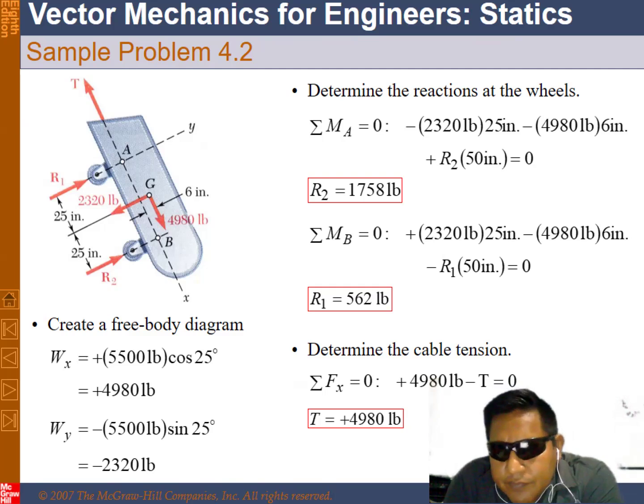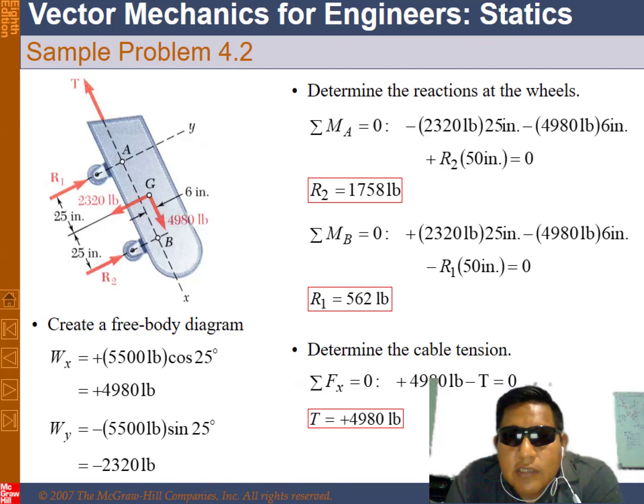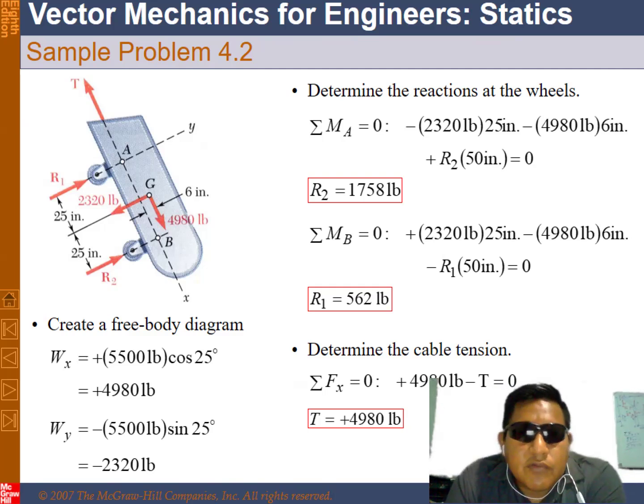Reaction 2 times 50 inches is equal to 0. The reaction 2 is equal to 1,758 pounds.